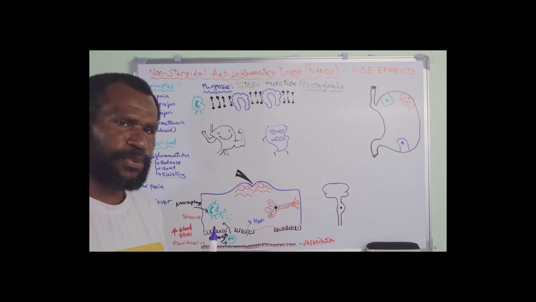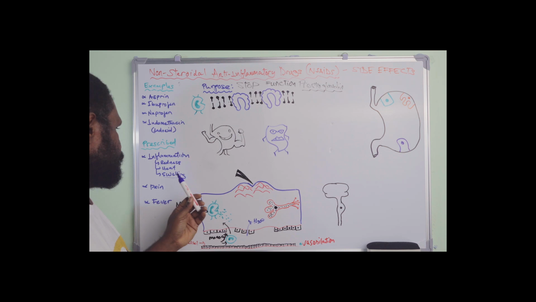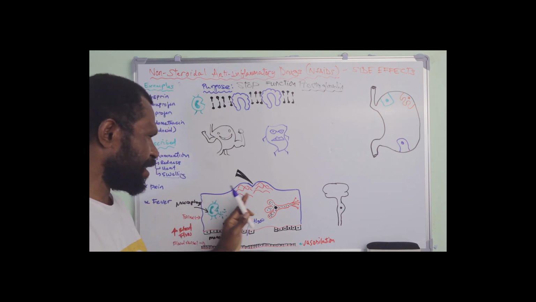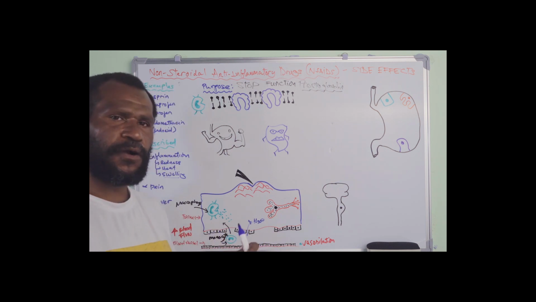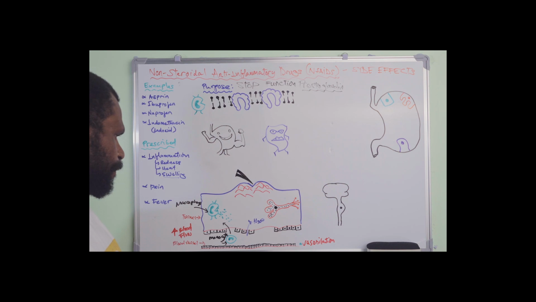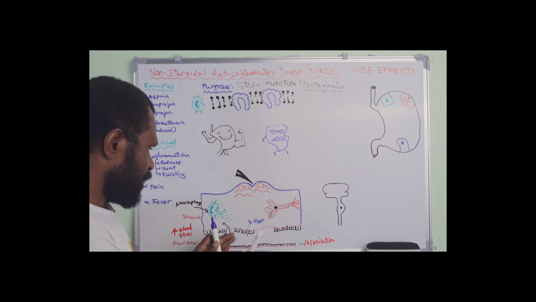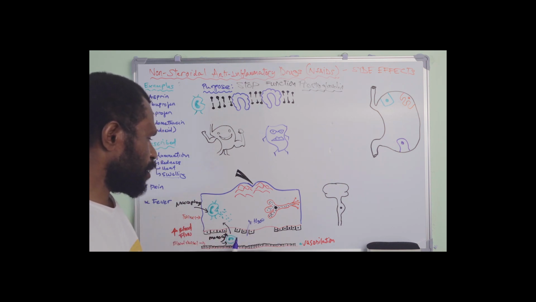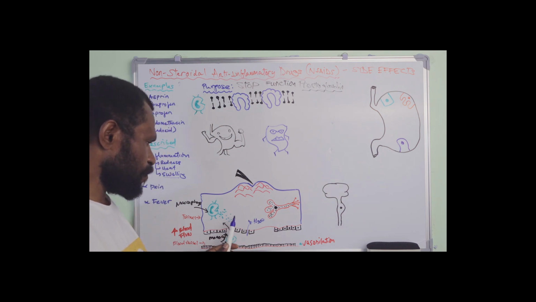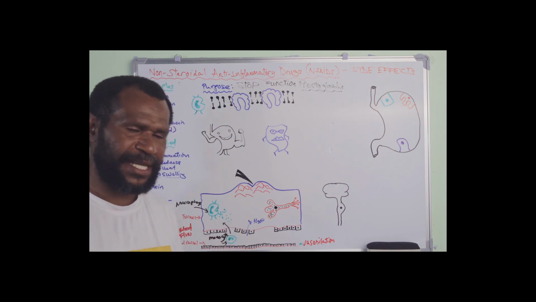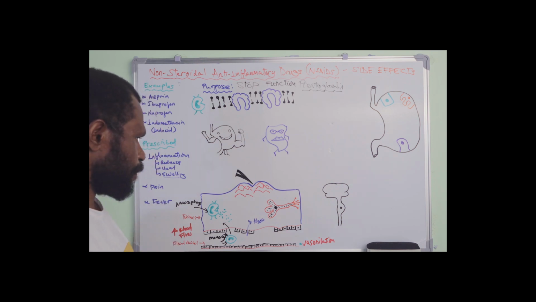And then a lot of blood, that's why there will be heat as well as redness in the infected area or in the damaged tissues. But when there is an increase in permeability, also a lot of white blood cells are moving into the tissues to start the healing process.